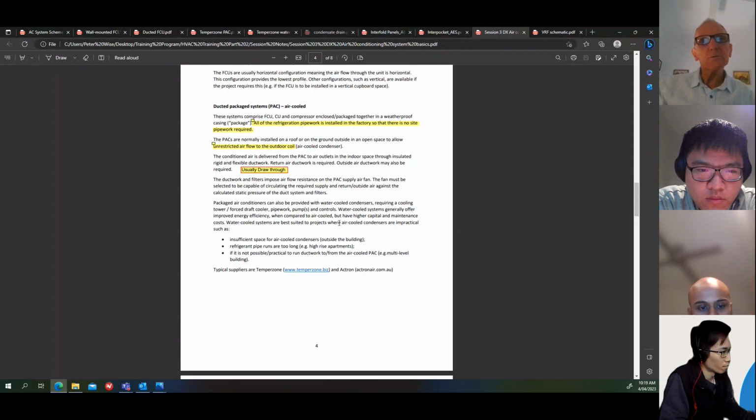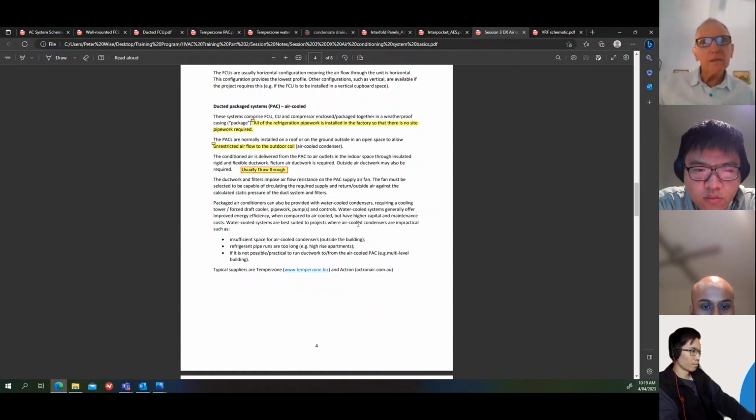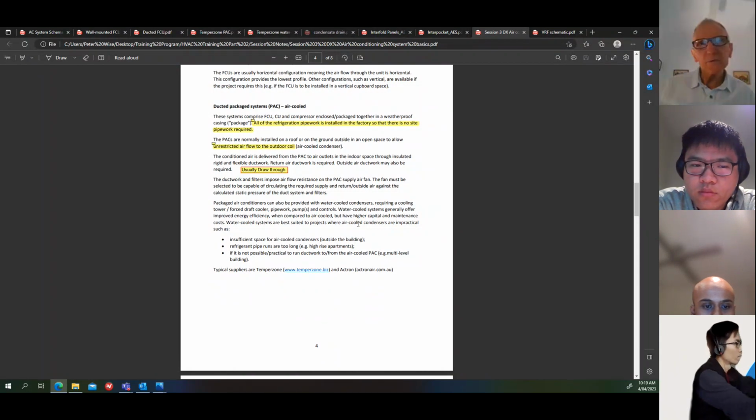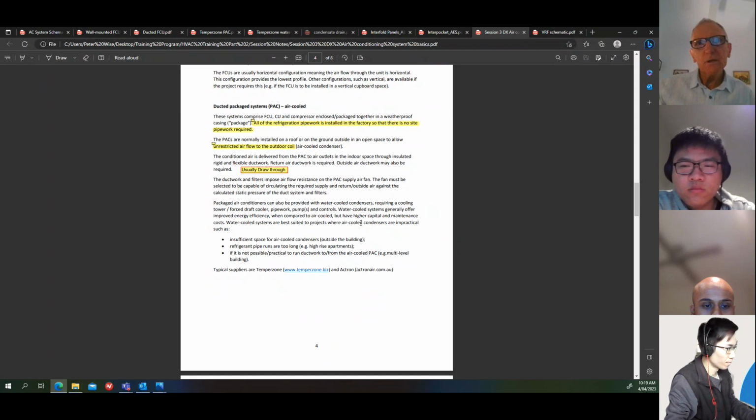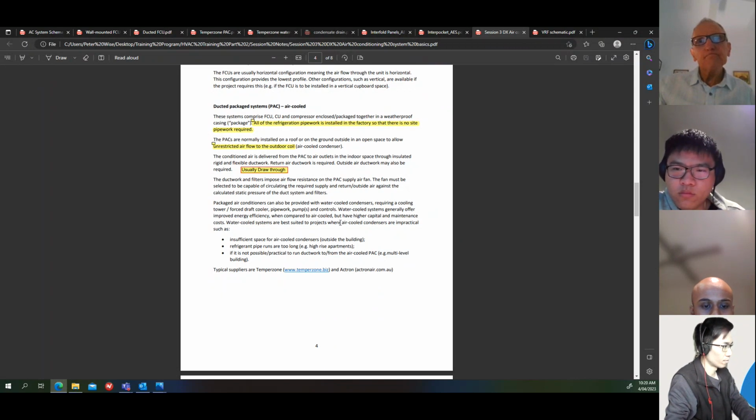They're best suited to projects where air-cooled condensers are impractical. So if you can't put a number of air-cooled condensers outside the building, which is quite common in a multi-storey building, then water-cooled can be beneficial.